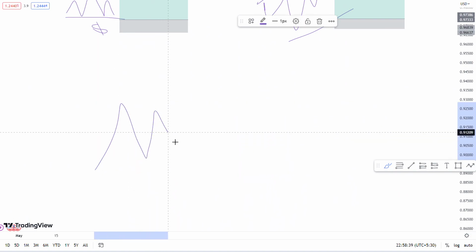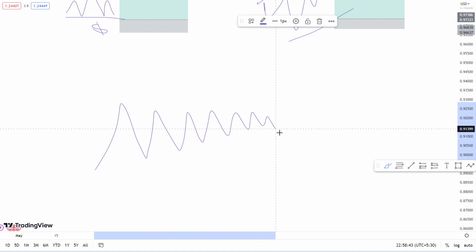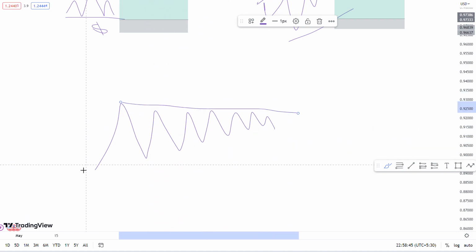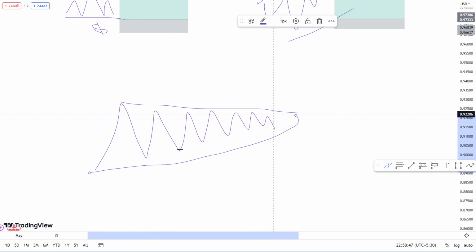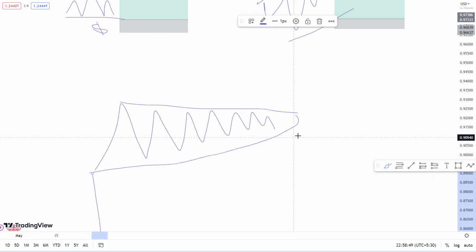Again, this is one type of pattern. Flag pattern. The price is consolidating. The retail traders will think of it as resistance.